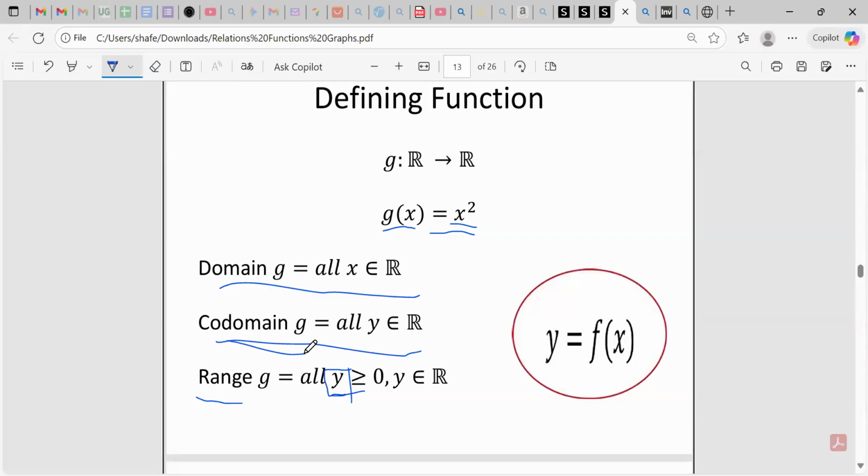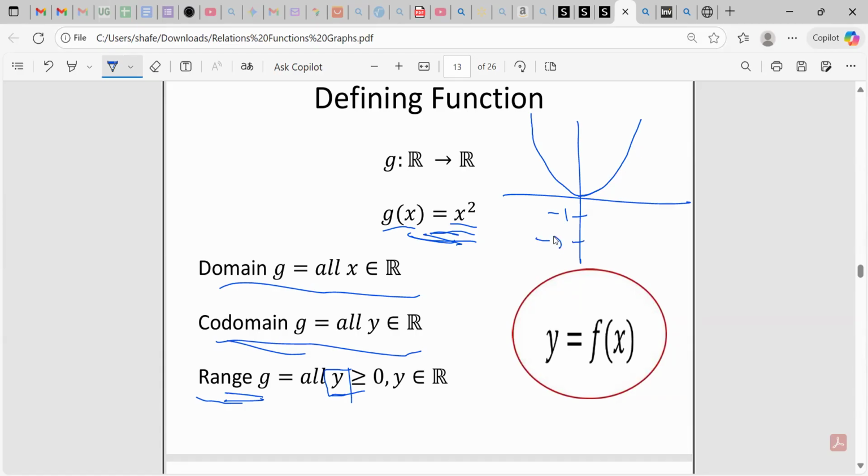The reason I say this is that if you were to plot this, the graph looks like this. When you talk about the range, you really mean what are the possible outputs that you can get from this function? You can't get -1 because the graph comes here and turns back right here and goes back.